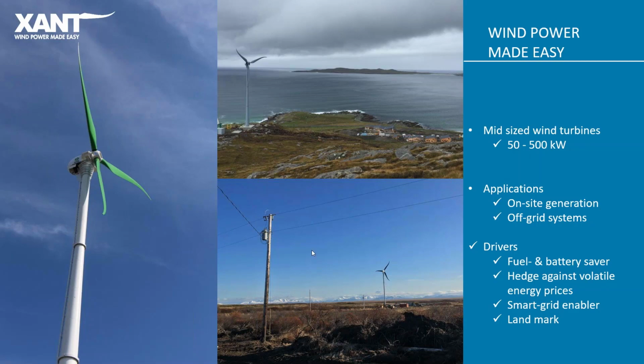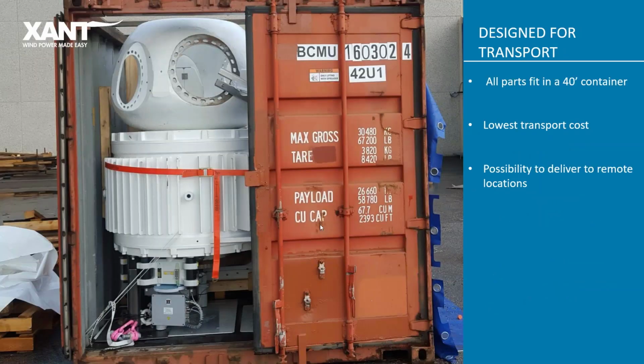So I'll just briefly introduce our technology. Often we see, unfortunately, that a lot of HOMER users do not consider wind just because of that perception of it being too complex and too expensive. So we want to point out that there is wind technology out there that is perfectly suitable for your site, even if it's a remote site.